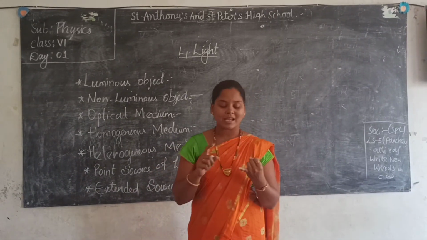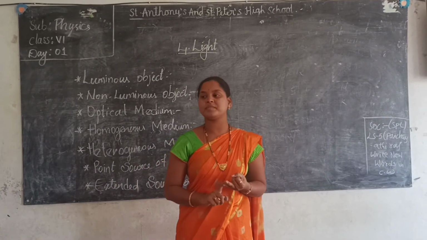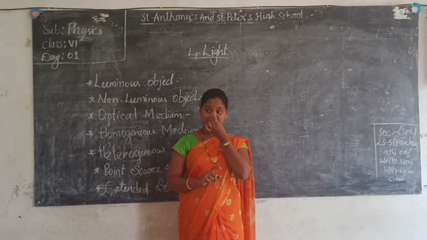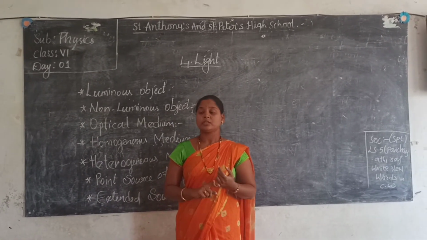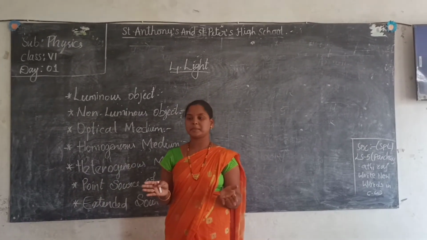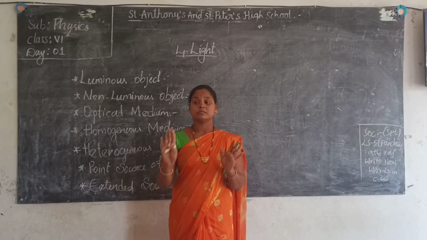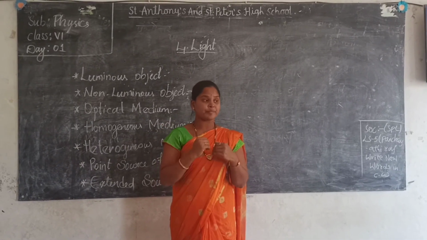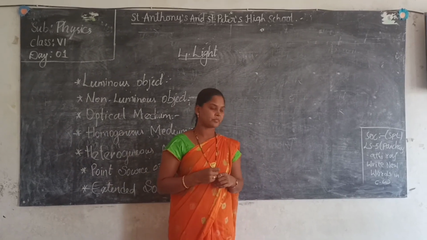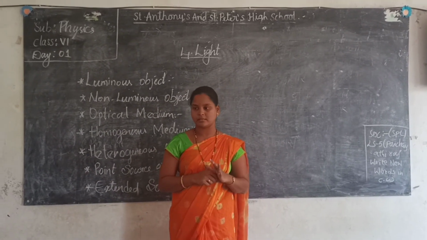Now, what are transparent objects? Transparent objects, opaque objects. Transparent objects are the objects which allow light to pass through them. Opaque means the objects which do not allow light to pass through them. Examples are wood, iron, steel, any metal.